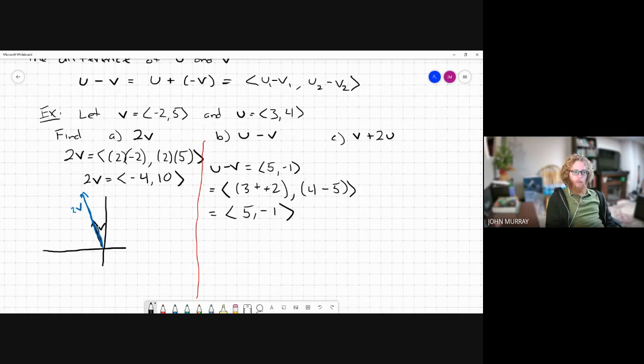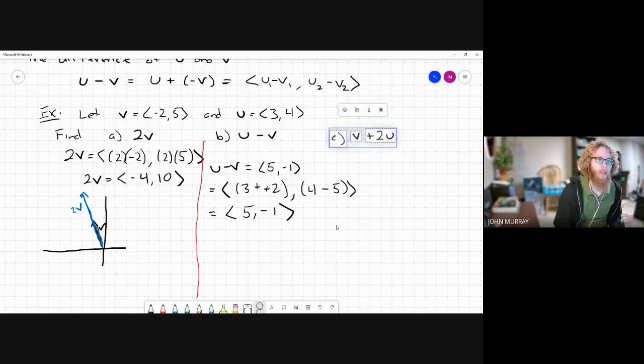I do want to look at this because we didn't talk about subtraction with the graphs. I may have to move this. Let me just do this real quick. Yeah, let's copy it. All right, so let's take a look at this on the graph. Nope, it's not doing it.